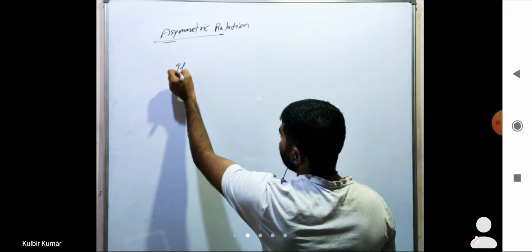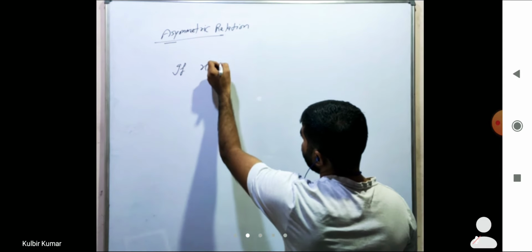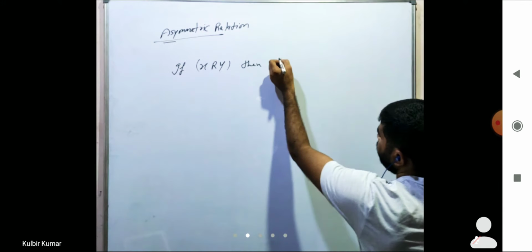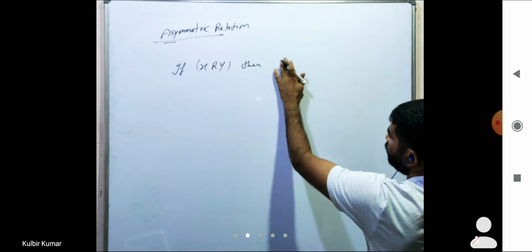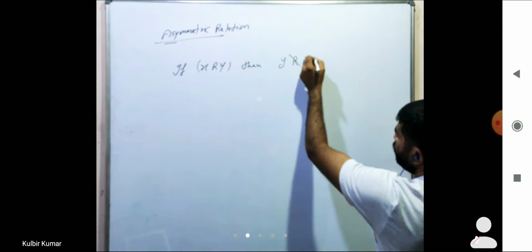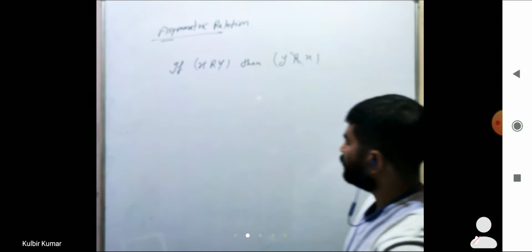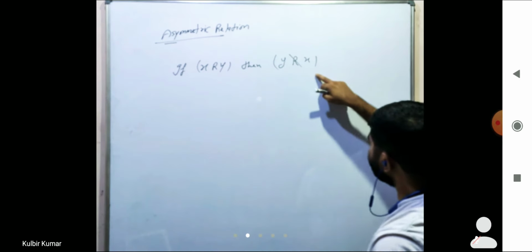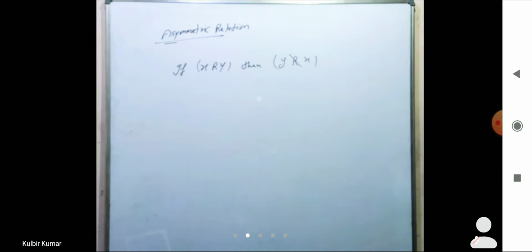Asymmetric relation means if x relates to y, then y doesn't relate to x, right? If this type of ordered pair x, y is there, then the reverse ordered pair is not allowed in case of asymmetric relation.